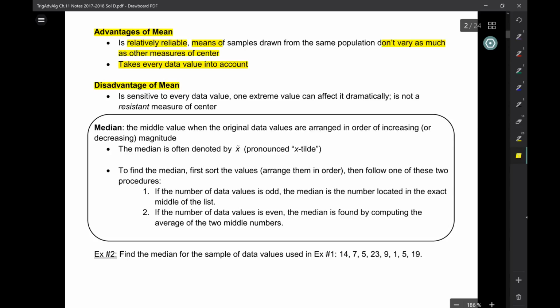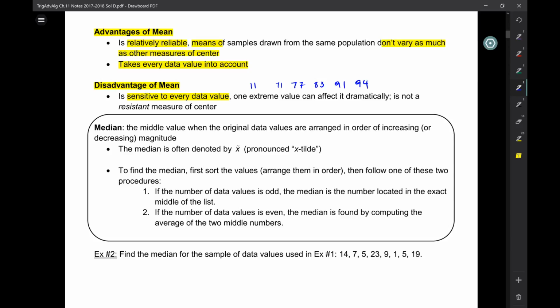Disadvantages of mean is that it is sensitive to every data value. Yes, it's good that every data point is being taken into account, but every single score could affect it. For example, if I have test scores of 71, 77, 83, 91, and 94, and then another person who scored 11, that one person is going to bring the average way down, whereas most of the population scored higher.